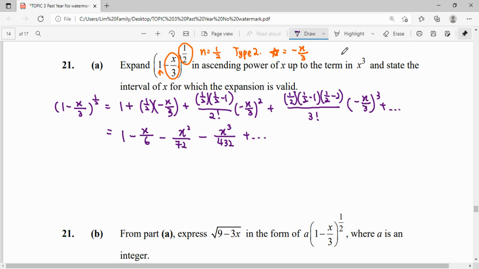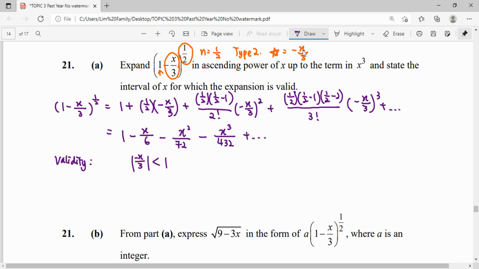After we finish our expansion, we have to find the validity of x. The validity formula will be the modulus of the thing that we want to expand. The thing that we want to expand is negative x over 3.